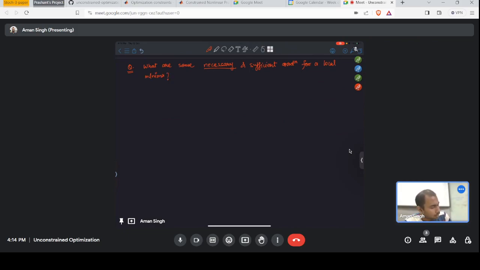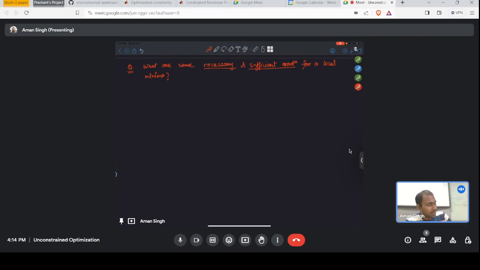Why are we talking only about local minima? We discussed earlier that it is very difficult to differentiate between local and global minima, and there is a huge class of problems in which finding local minima does the job. So we'll focus on how to find local minima. Finding global minima is an extremely difficult task, which we're not looking at here. So our aim is to find local minima of a function.